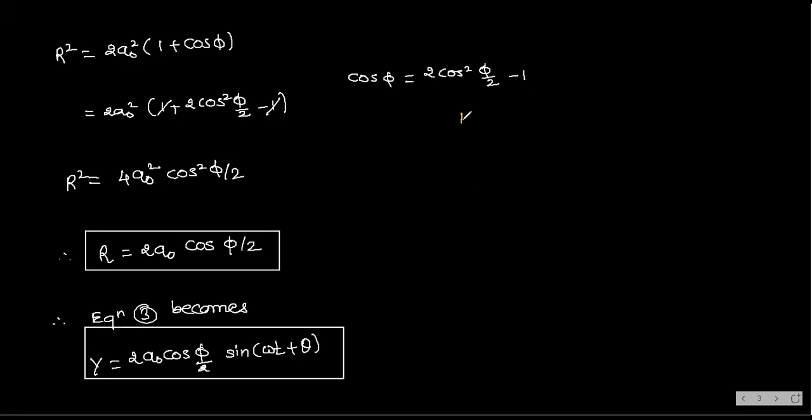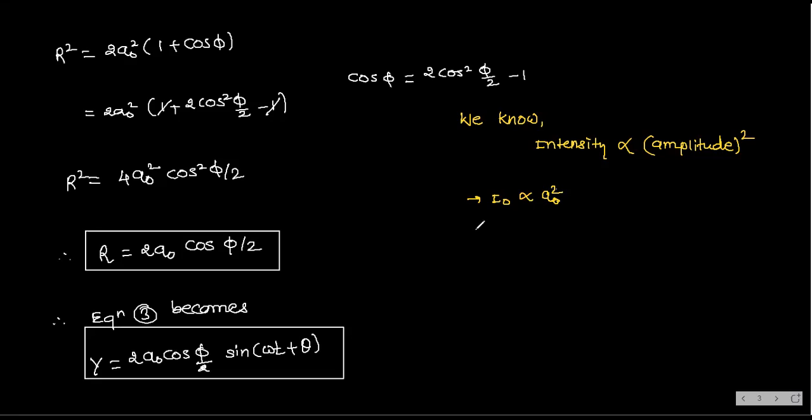Now we know intensity is directly proportional to square of amplitude. What I said, intensity is directly proportional to square of amplitude. So therefore if I want I0 individual intensity, then it is directly proportional to A0 square, amplitude of first wave.